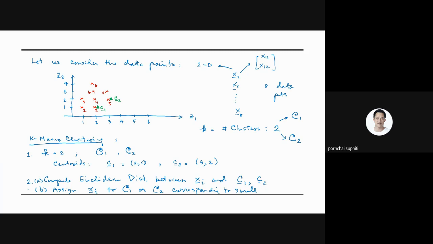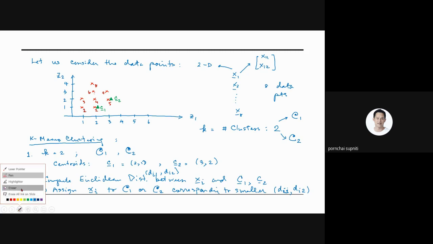So Euclidean distance, you can say D. You compute the D11 and the D12, and take the smaller of D11 and D12. This thing has no dot, let me erase it.